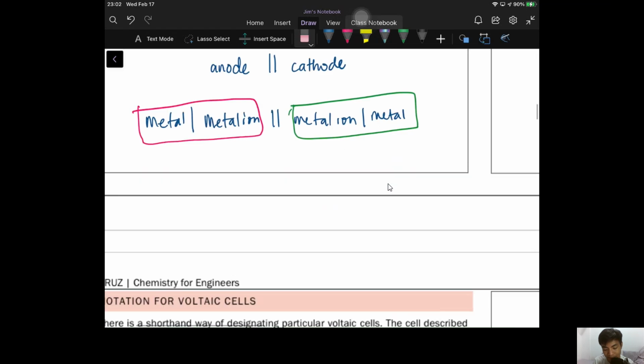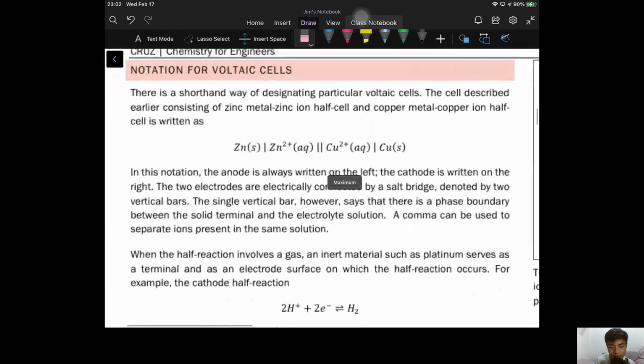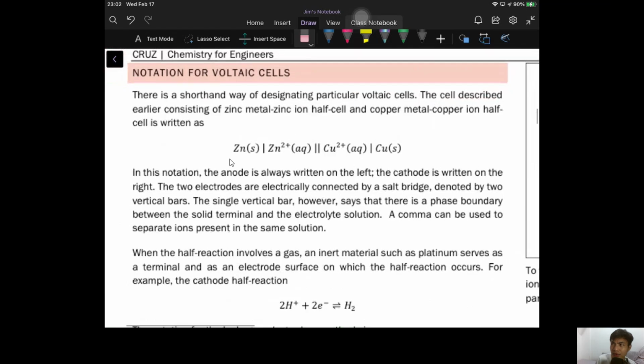Okay? So for example, zinc, single line, zinc 2+. Since nasa left yan, this will be your anode. Double line, yan ay salt bridge. Then on the right side, you have your cathode.